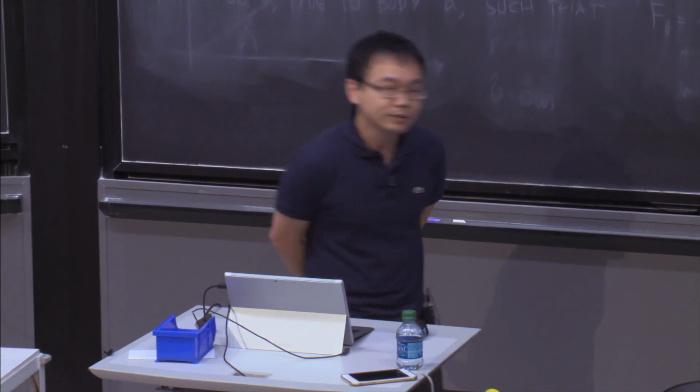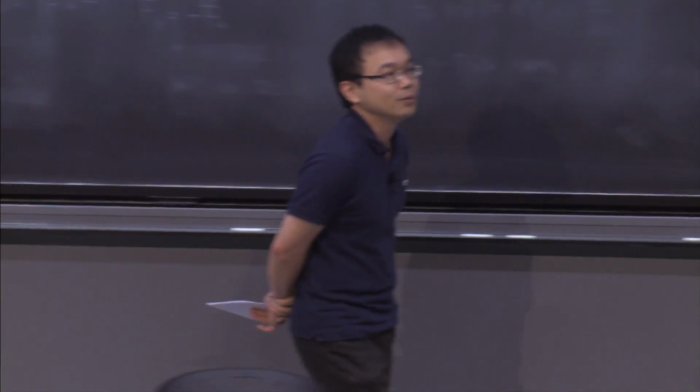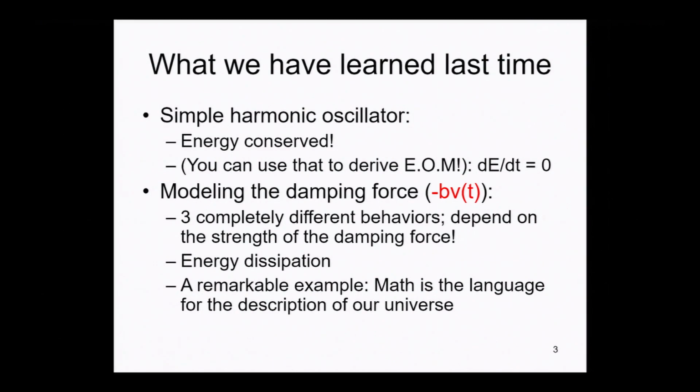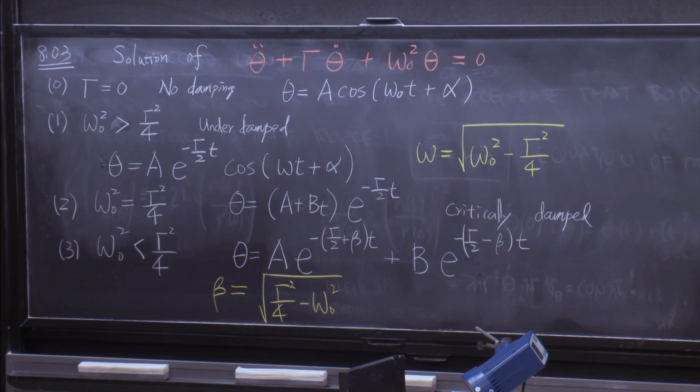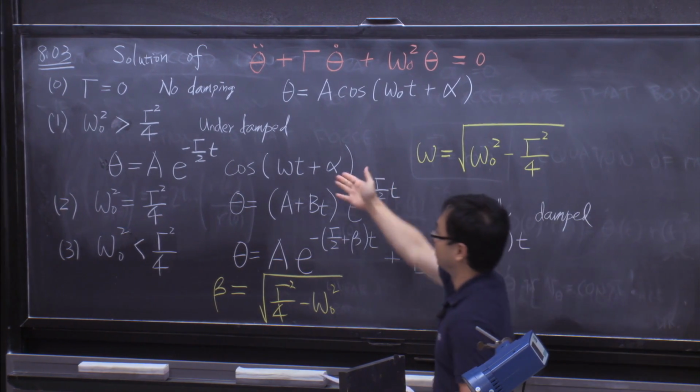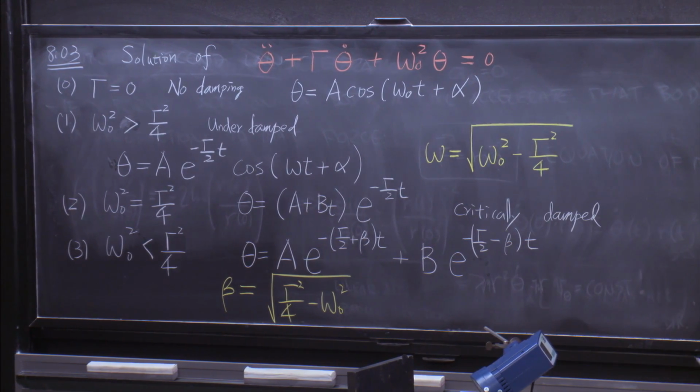The interesting thing we learned is that we have three completely different behaviors if we turn on the drag force. The first one is underdamped. The damping is very small. Then we have the solution in this form. It's oscillating, and the amplitude is decaying exponentially.